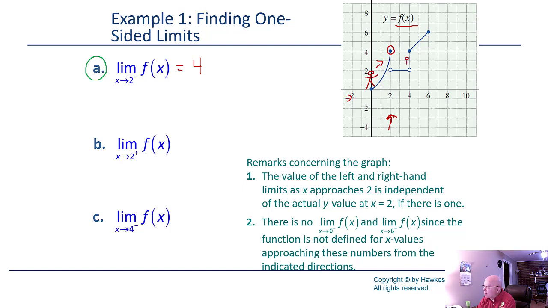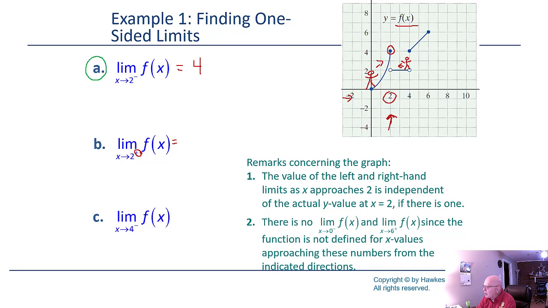So here we are this time, and we're coming in that direction toward the 2, from the right. What are the y values getting close to when I move closer and closer to this x value of 2? Well, the y value, the whole way really, is a 2. No matter whether I'm back here, or closer and closer and closer, all of those y values are 2.